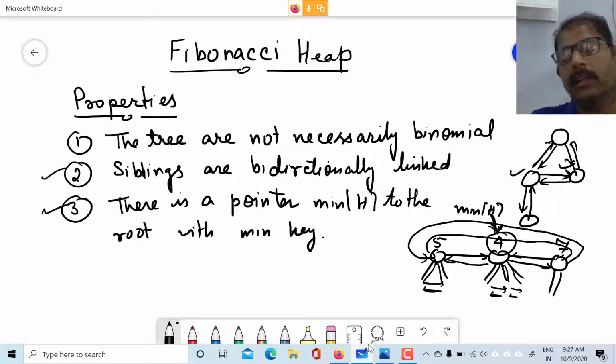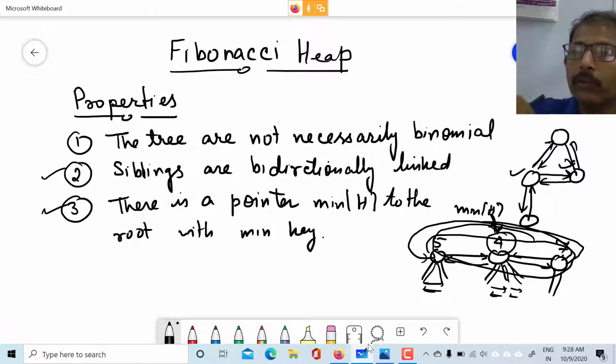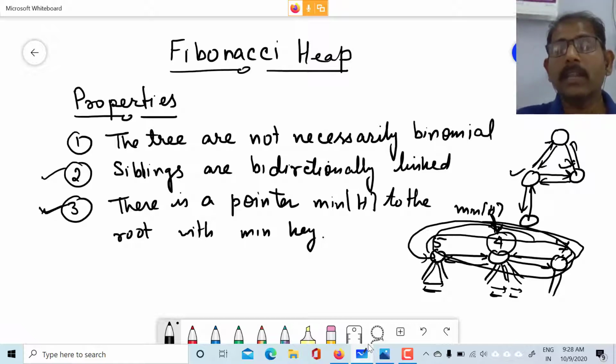You cannot say which node is first and which is last, because in a cycle there is no first and no last, no end point. Therefore you have to identify a start point, and the start point is the node having the minimum value. In this case 4 is the minimum value, therefore it will be the start point.